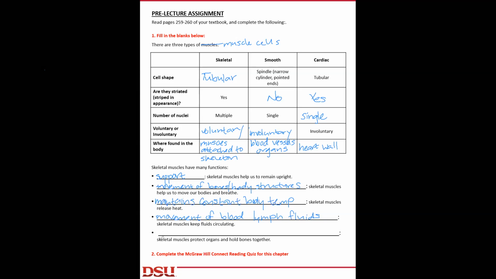Then finally we have the protection of the internal organs and also joint stabilization. While it's true that most of our intestines and kidneys, things like that, tend to be beneath the rib cage and the abdomen, a huge number of our organs are held within the rib cage.